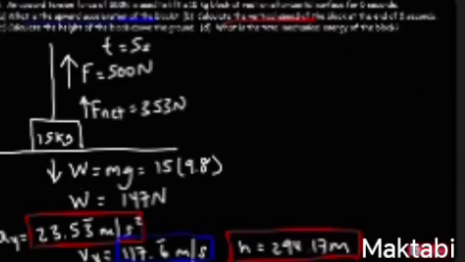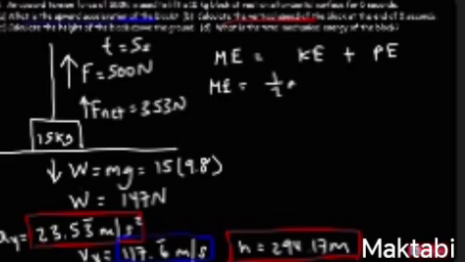Now let's move on to part D. What is the total mechanical energy of the block? In order to find that, we need to calculate the kinetic and the potential energy. We now have the speed and we have the height of the object. So with those two things, we can calculate the total mechanical energy.